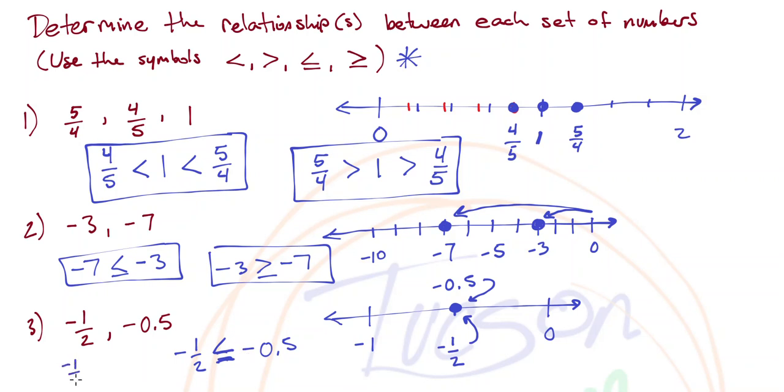So either -1/2 is less than or equal to -0.5, or it's greater than or equal to -0.5. So both of those answers are correct within the confines of this question. We were told to make a statement using an inequality symbol, but they aren't unequal, they are actually equal, so we need to use the one that allows for them to be equal.